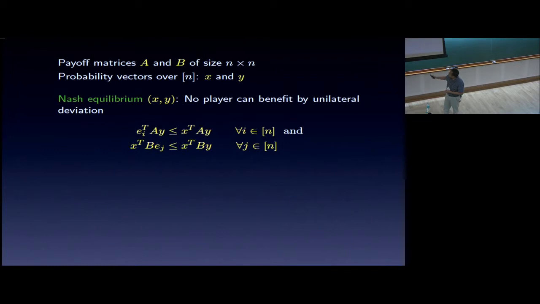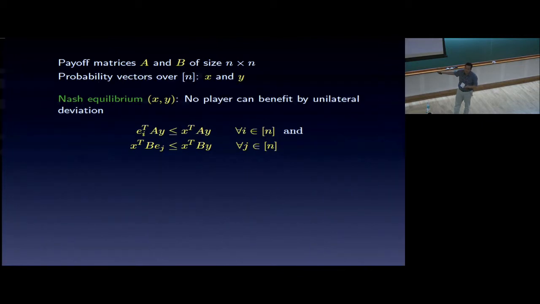And what these inequalities say is that if the second player continues to follow distribution Y, sticks to playing based on distribution Y, then the first player cannot benefit by switching to any single action I. So if the first player says, oh, let me play row I, let me play action I, its expected payoff is going to be this.